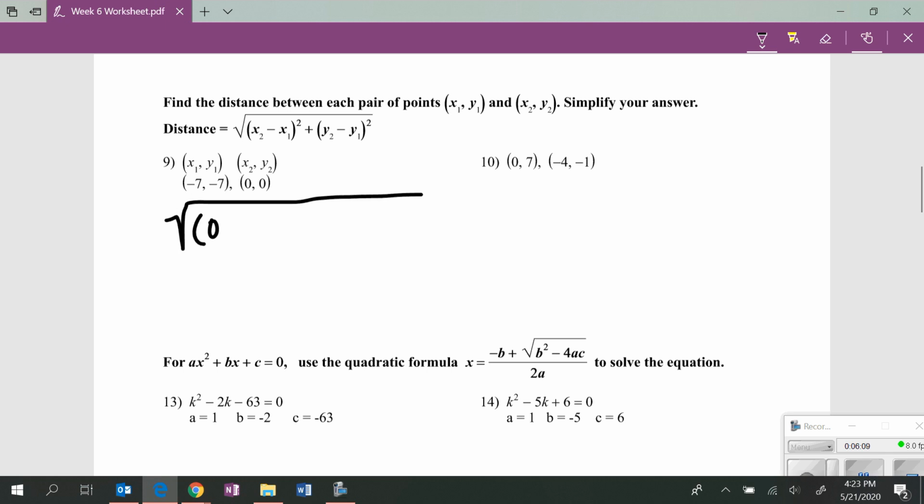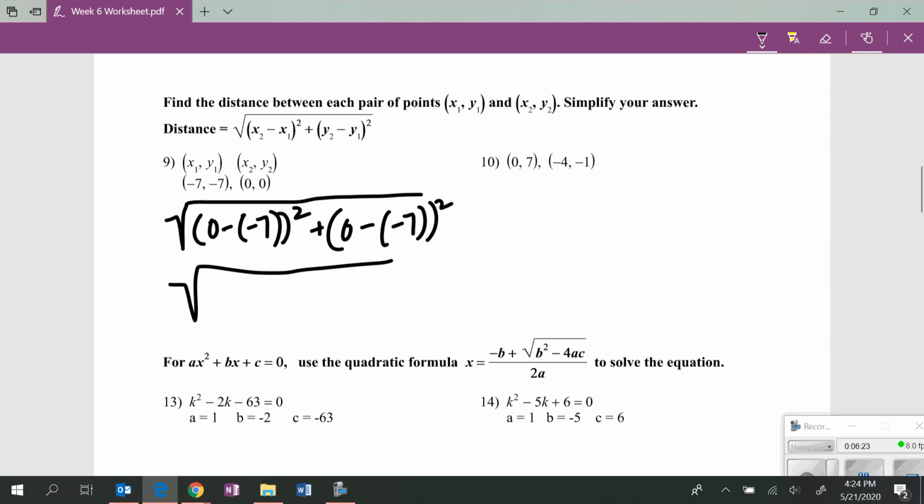X2 is 0 minus a negative 7 squared plus y2 is 0 minus negative 7 squared. Okay. I'm left with the square root of positive 7 squared plus positive 7 squared, because this becomes plus because I've got 2 negatives.